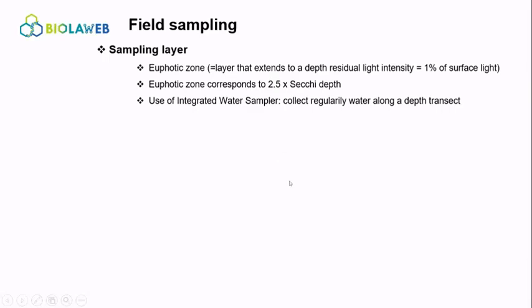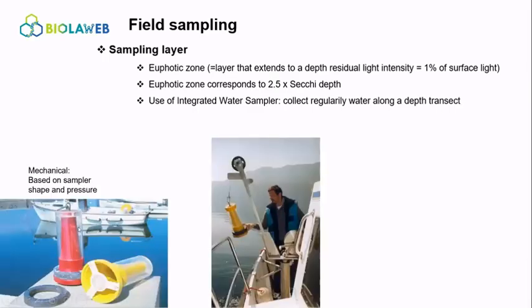And we use an integrated water sampler. It's this kind of bell, what we call a bell, because it has this shape of bell, which regularly collects the water with the depth. So the water enters into this device proportionally with the depth.